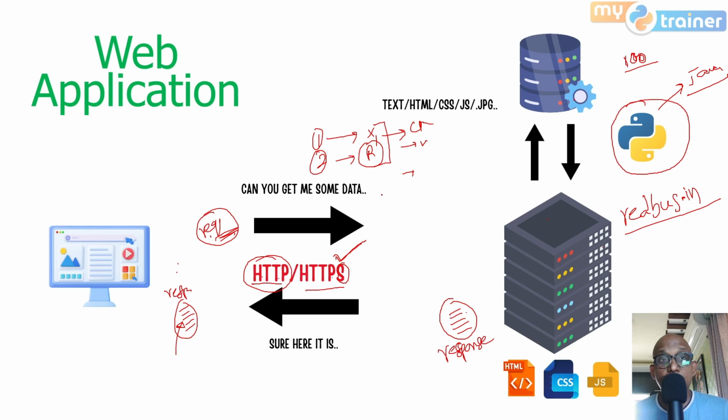Based upon the request, it connects to the database, finds out from which tables to gather the information, extracts the data from those tables, includes that data in the response object, and sends the response object back to the client.